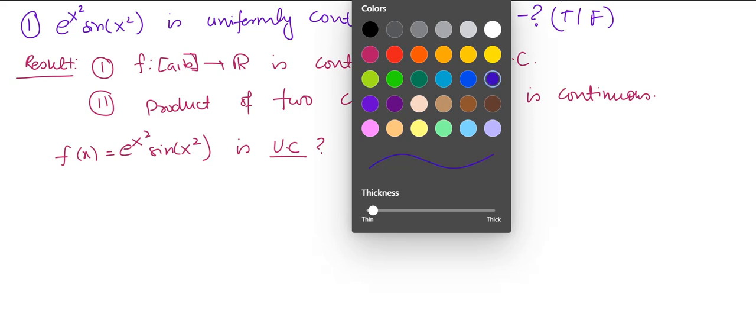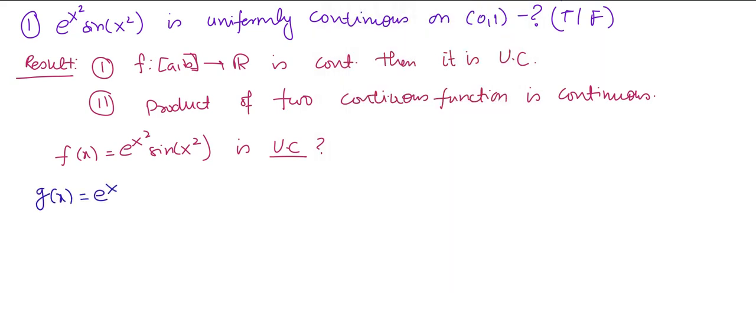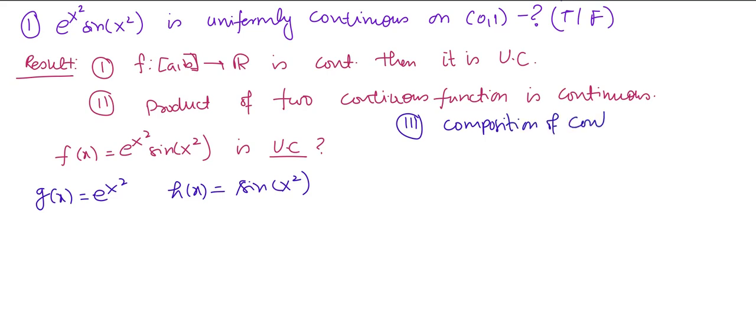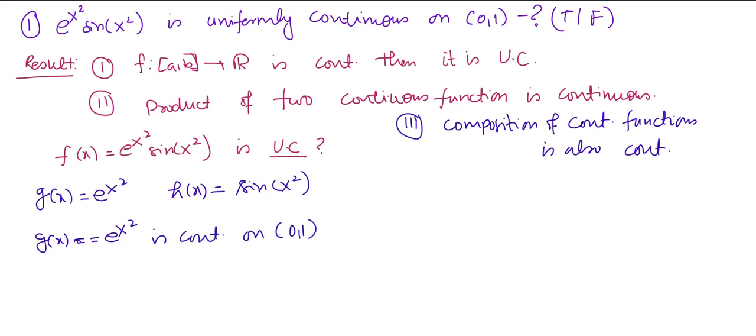Let's take g(x) equals e raised to the power x square and h(x) equals sin x square. One more result you can add here, the algebra of continuity, is that the composition of continuous functions is also continuous. Here g(x) equals e raised to the power x square is continuous on 0 to 1.